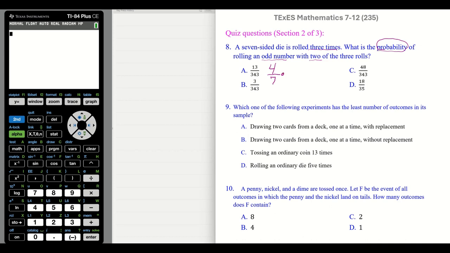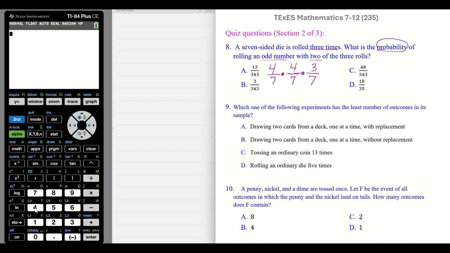We need to multiply. And the next event is also about odd numbers. So that is 4 out of 7. However, the last event has 2, 4, and 6. That is 3 out of the 7. We simply need to multiply, and we don't need to use parentheses.